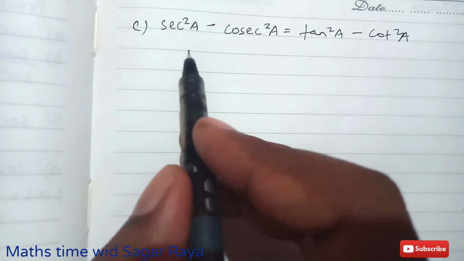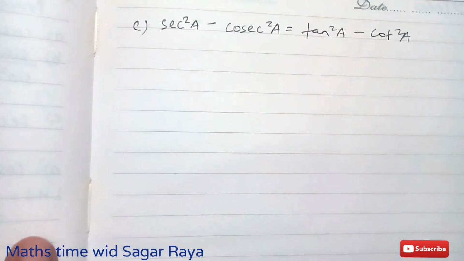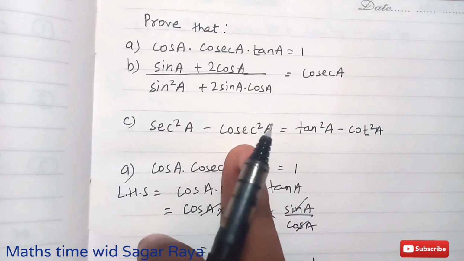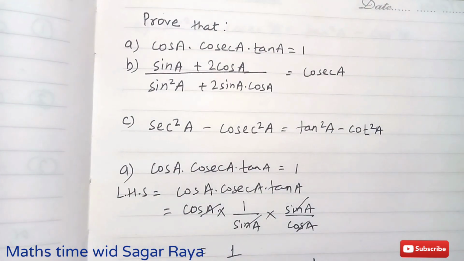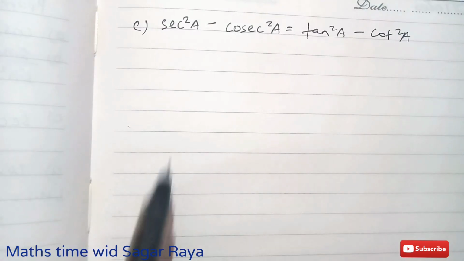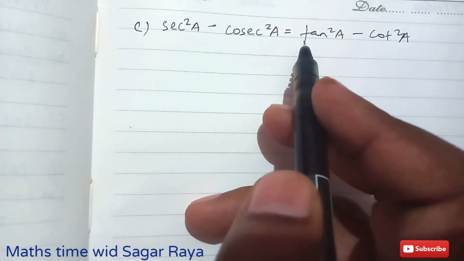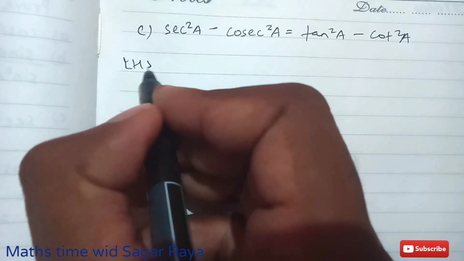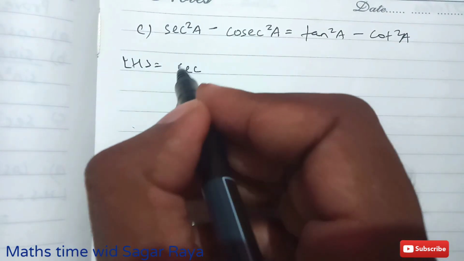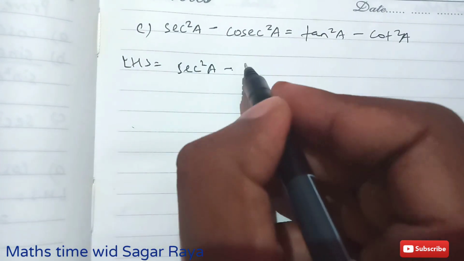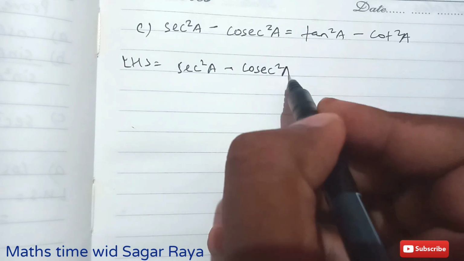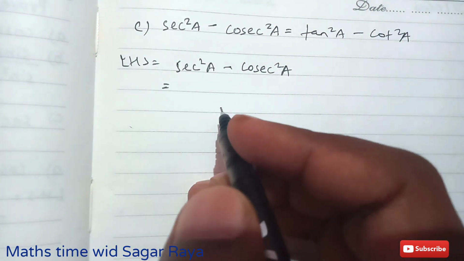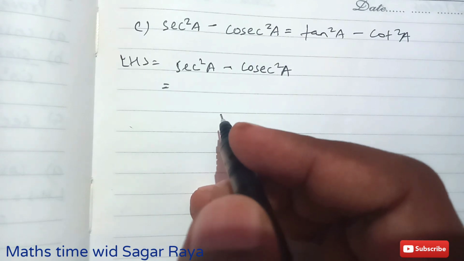I've just copied question number C. You can check this: sec square A minus cosec square A equals tan square A minus cot square A. I will take the LHS here. LHS is sec square A minus cosec square A. In this question we have to use another formula.